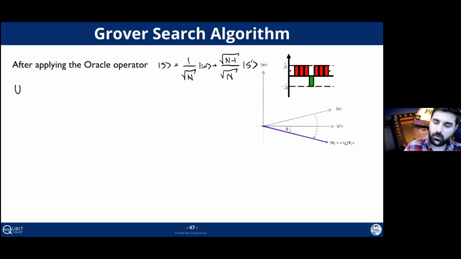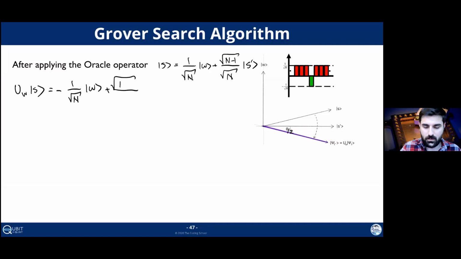So after I apply this Grover oracle operator to the S state, all that happens is that the coefficient in front of the W state flips. So I get minus 1 divided by square root of n times the W state, and nothing changes with the coefficient in front of the S prime state. And again, this is theta over 2. So nothing is changing here.